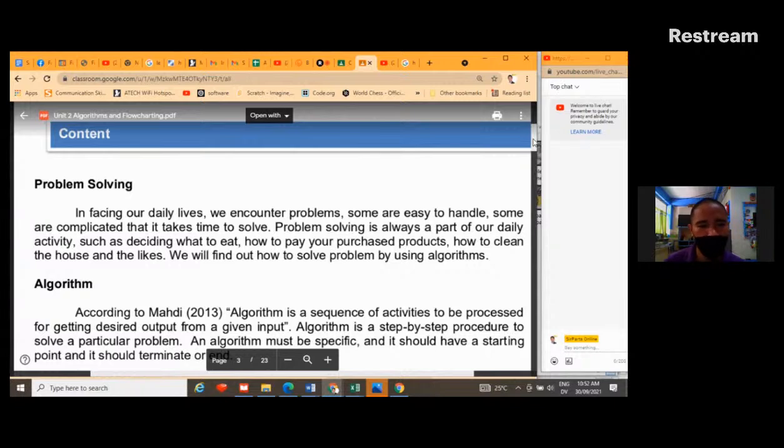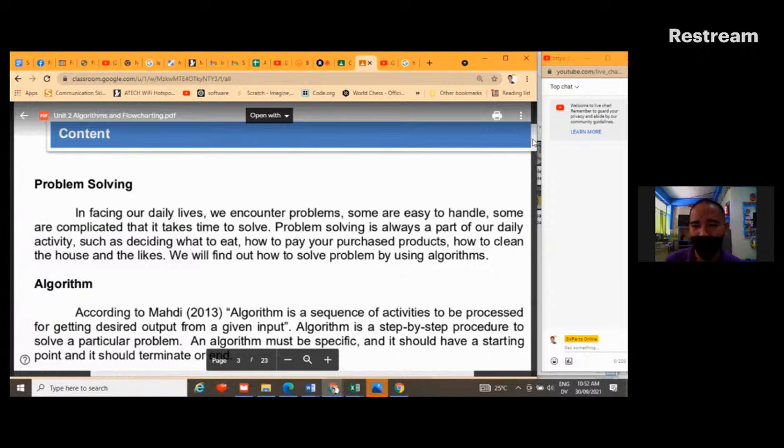What's problem solving? I'm gonna read this one. In facing our daily lives, we encounter problems. Yes, that's true. Some are easy to handle, some are complicated that it takes time to solve. Yeah, it's true. We have problems, and in order to solve these problems, we must have our problem solving skills.